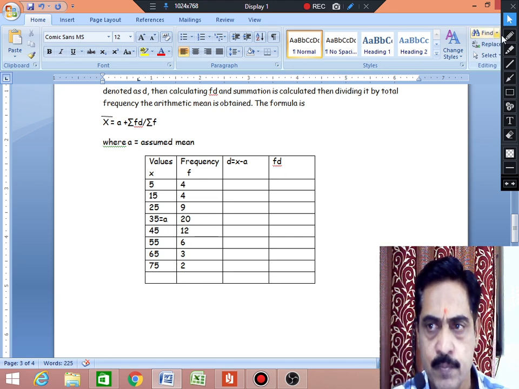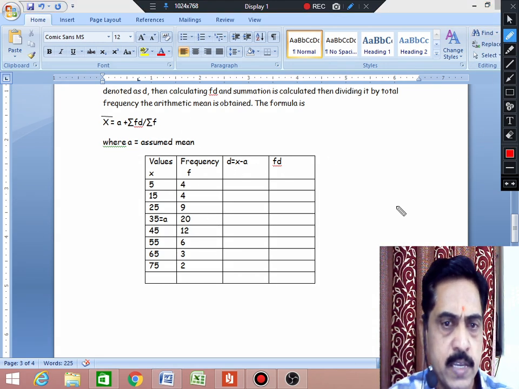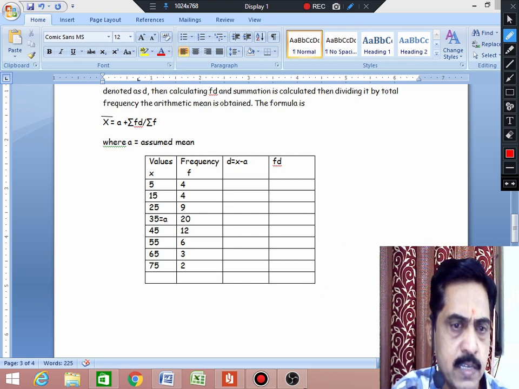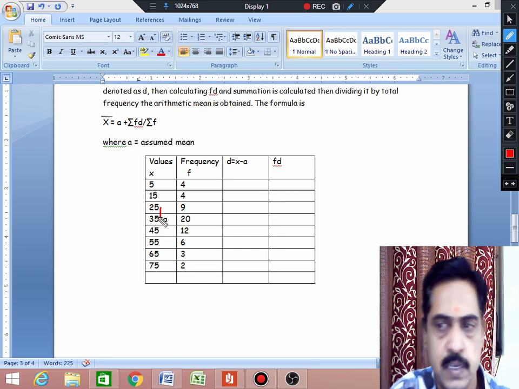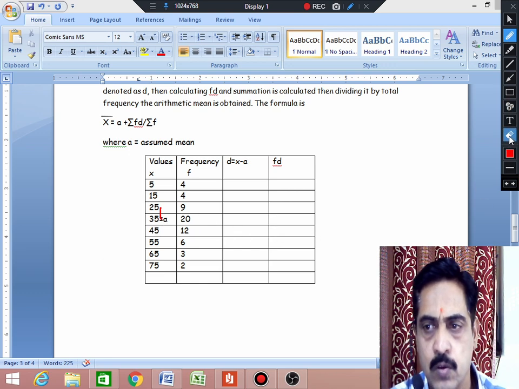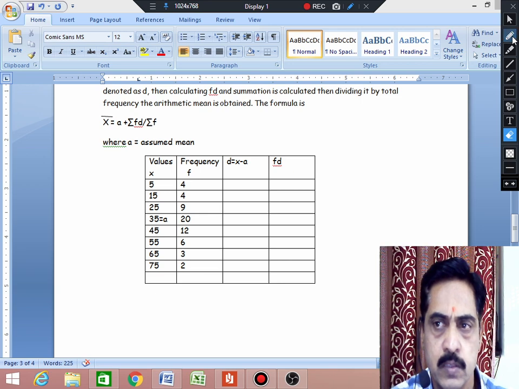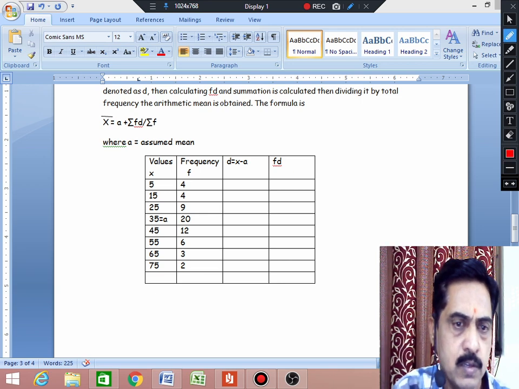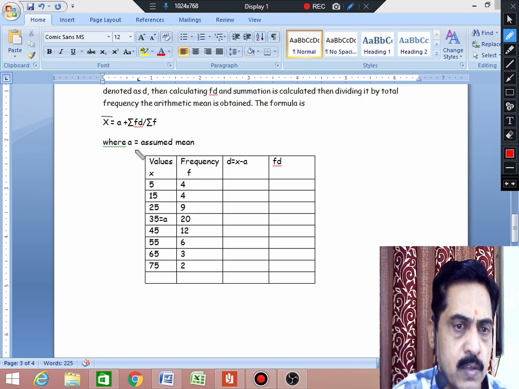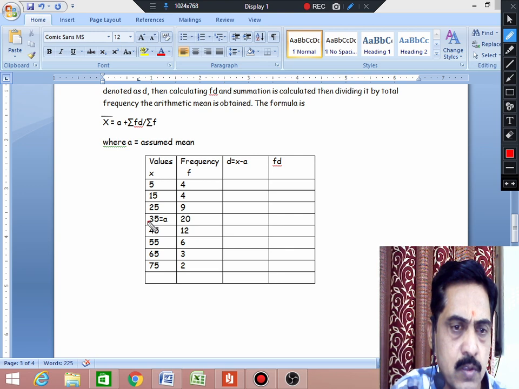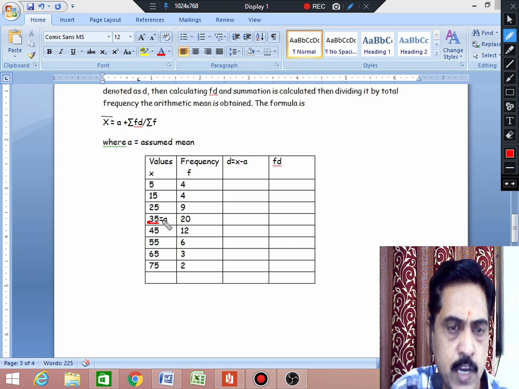Here, in the given values, I am taking 35 as the assumed mean.